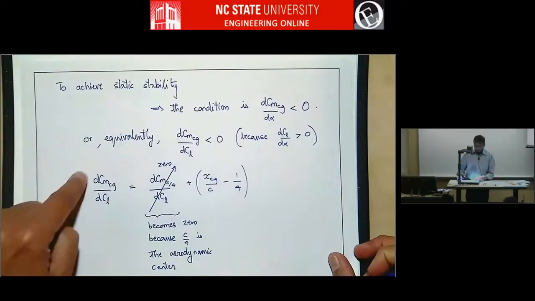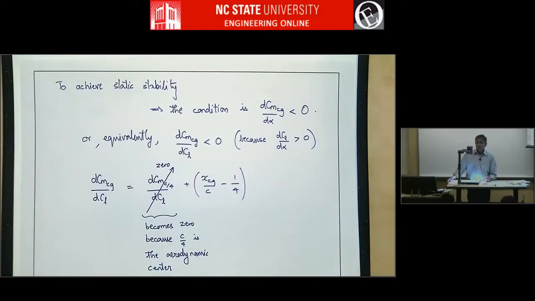If we want to make this negative, what do we have to do? xCG over c must be less than 1/4. Correct. So you're jumping to the other condition. You kind of know the answer.